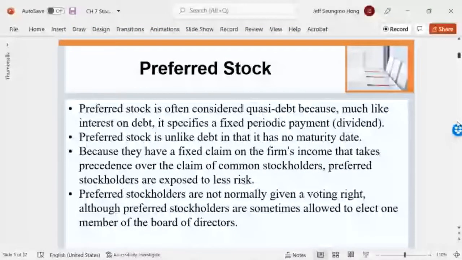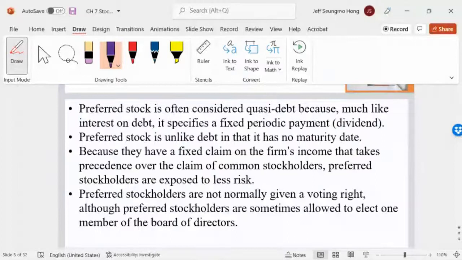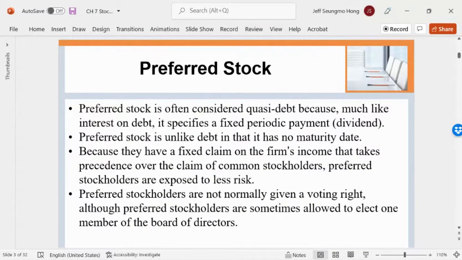Preferred stock next. Preferred stock is often considered quasi-debt, almost debt, because much like interest on debt, it specifies a fixed periodic payment.